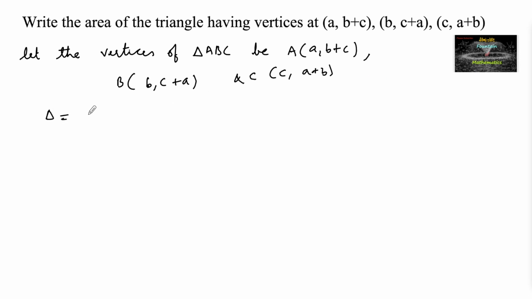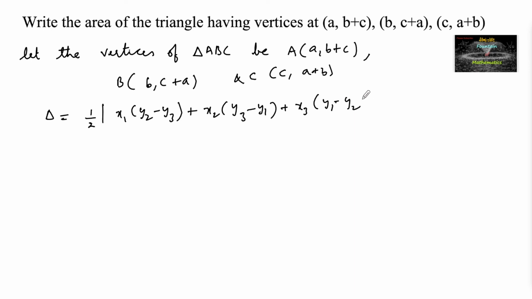So we have delta is equal to half x1 of y2 minus y3 plus x2 of y3 minus y1 plus x3 of y1 minus y2, if the three coordinates of triangle ABC are x1, y1, x2, y2 and x3, y3.